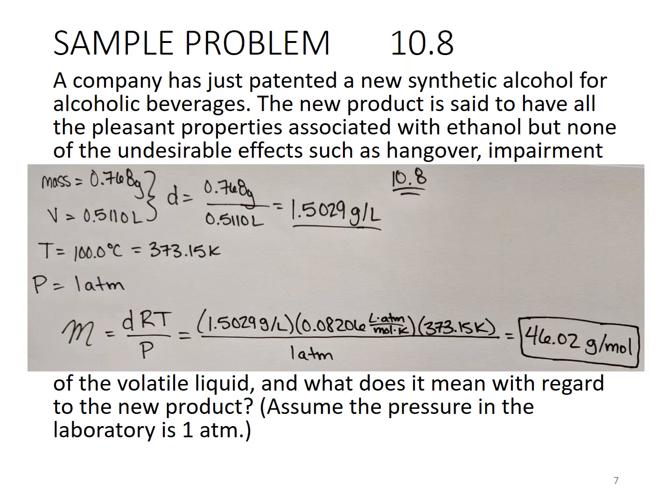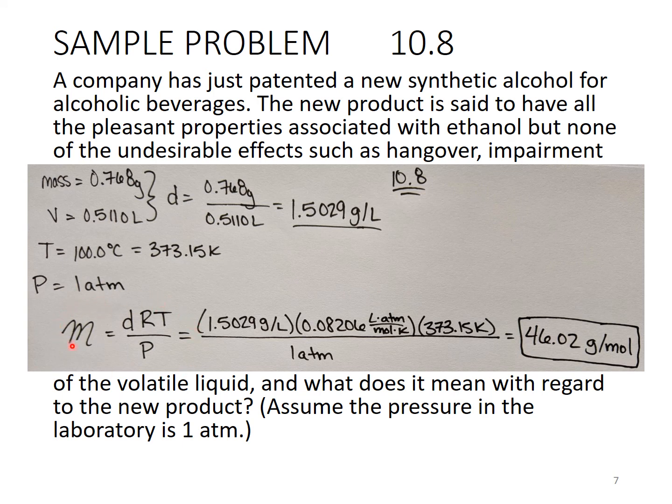So this is what this would look like. We have mass over volume. I converted this to liters, so we get 1.5029 grams per liter as the density for this liquid. The temperature is converted to Kelvin, 373.15 Kelvin. Our pressure is 1 atmosphere.